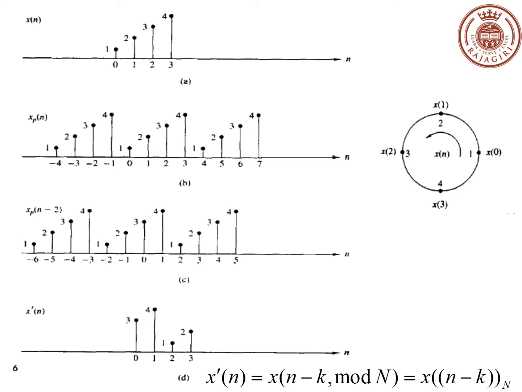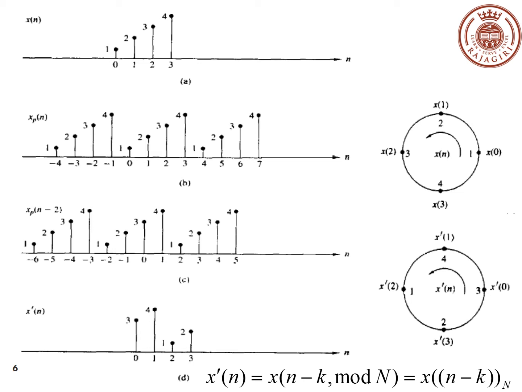Now if I want to delay it by 2 units, you have to shift it to the left by 2 units. Okay, so wherever x of 0 was there, now it has moved to x of 2. So again the shifting has happened anti-clockwise.